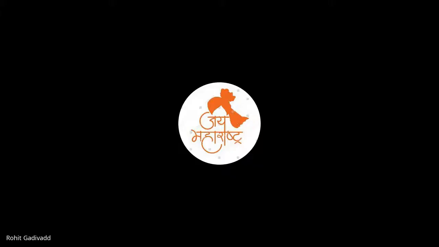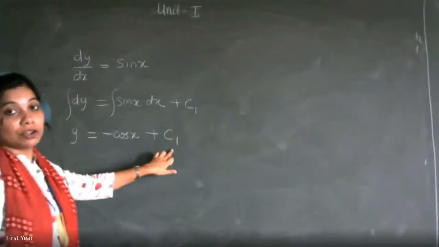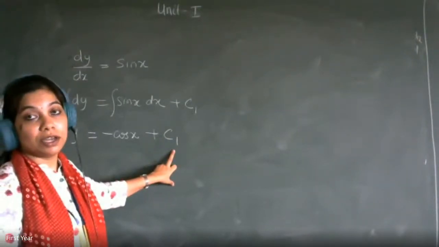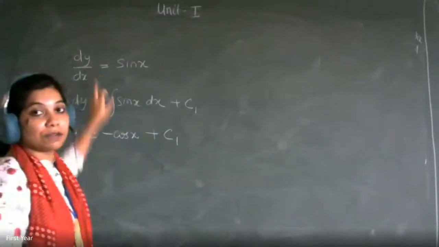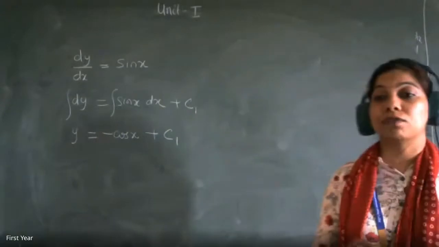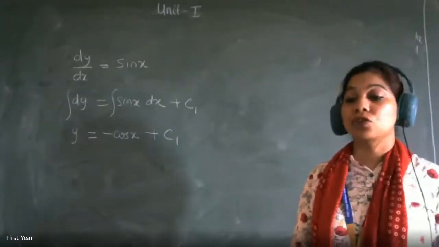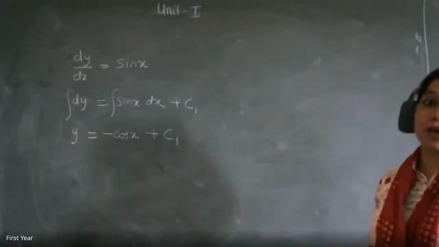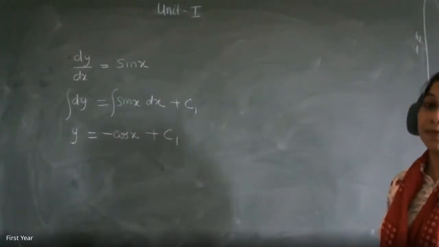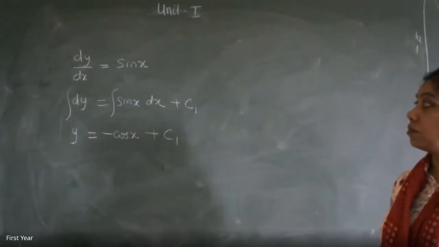Let me repeat the definition once more. A relation between dependent and independent variable having arbitrary constants, number of arbitrary constants equal to the order of the differential equation, is called the general solution of the differential equation.